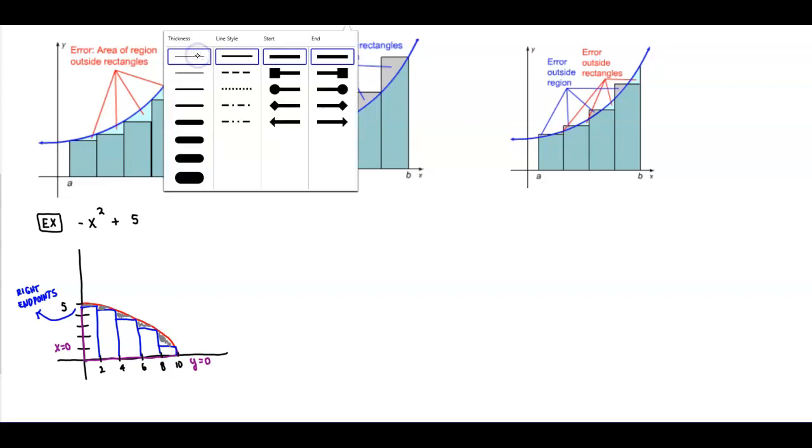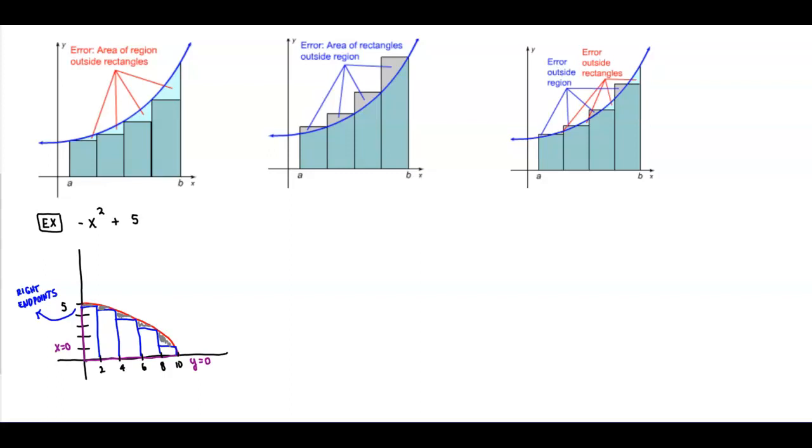If we wanted to do that, then we would start here, and we would have the area that's outside of this rectangle. So here's our left endpoint, and then we have another left endpoint, another left endpoint, and then another left endpoint. So therefore, this would represent the left endpoints.